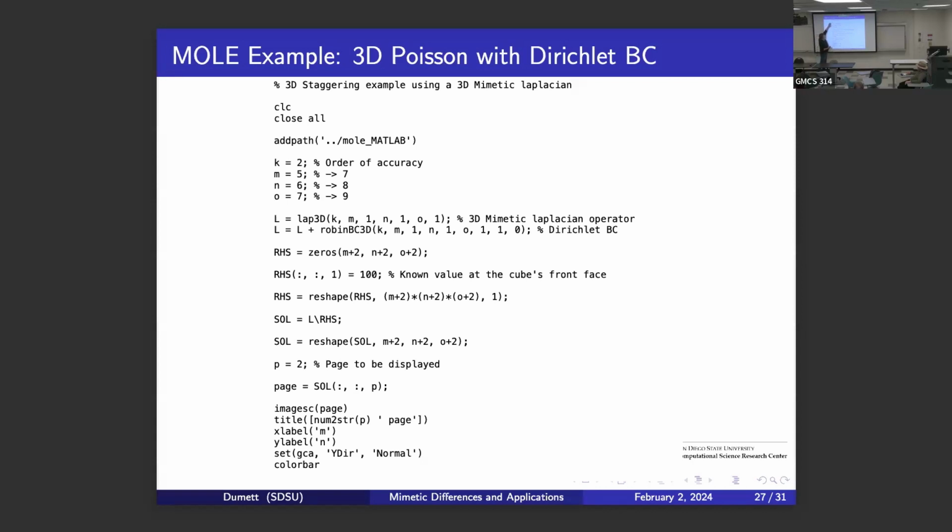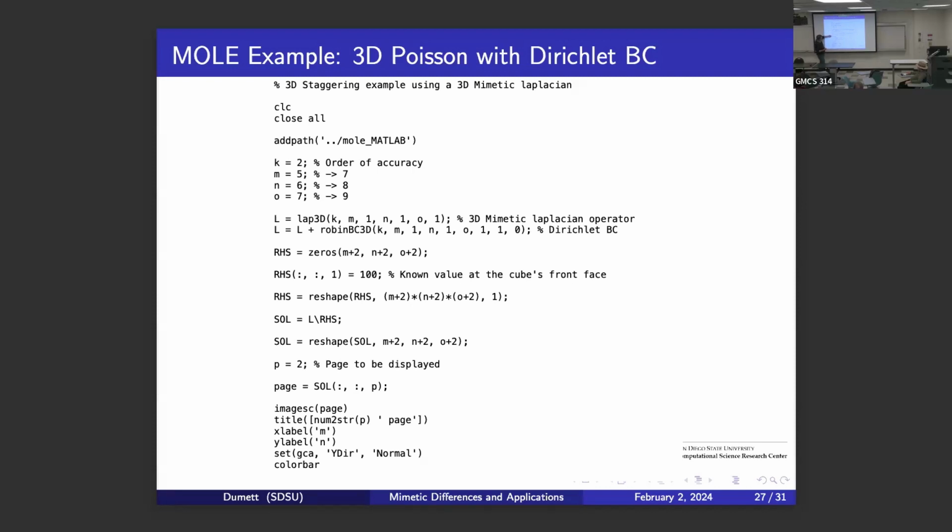You see essentially, you're cleaning the environment from the beginning, telling the library where the code is. Here you set the level of accuracy, the number of cells in each direction. You call the Laplacian with the Robin boundary conditions, which in this particular case are Dirichlet boundary conditions.